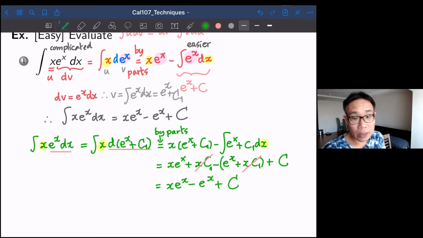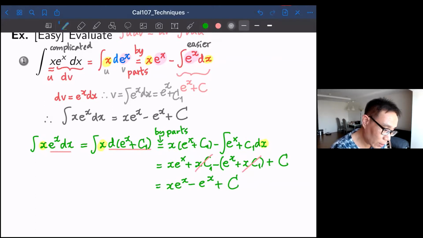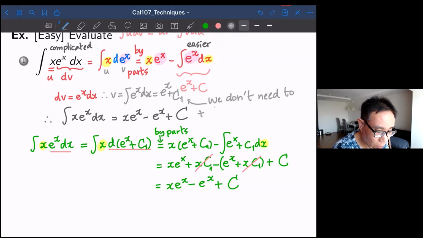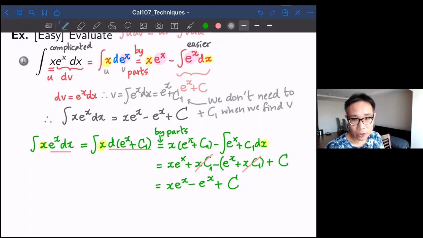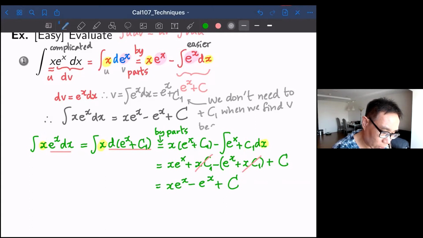So what do we learn here? We learn that we do not need to add c1 when we find v, because the integration by parts formula will cancel c1 anyway, at the end.